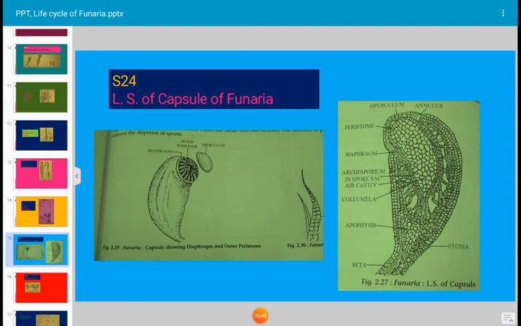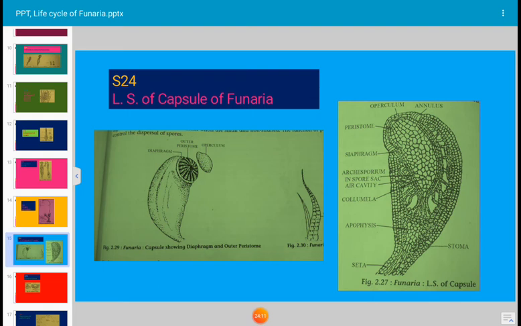Okay. Next part of the capsule is theca. Theca is the middle region of the capsule. The capsule wall in this region is many-celled in thickness. The outer layer of the wall is epidermis, which continues with that of the apophysis region.